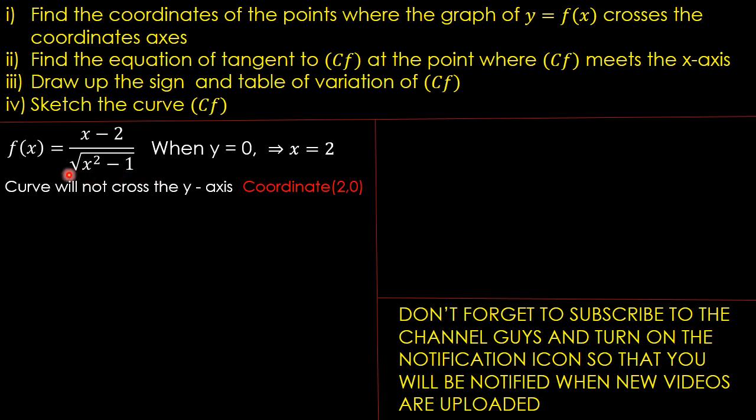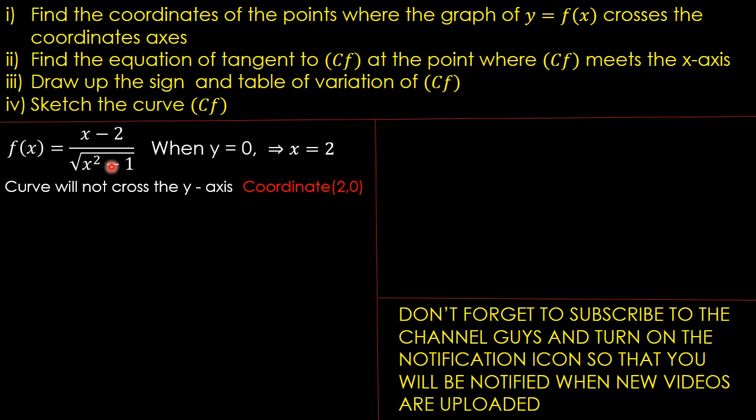Why would the curve not cross the y-axis, guys? Because the curve is going to cross the y-axis when x is 0, and x cannot be 0. Keep in mind the domain is from negative infinity to negative 1. You stop at negative 1 and you continue from 1. So 0 lies in the region between negative 1 and 1, which is exactly where the curve does not exist.